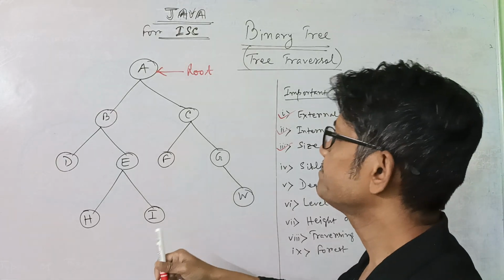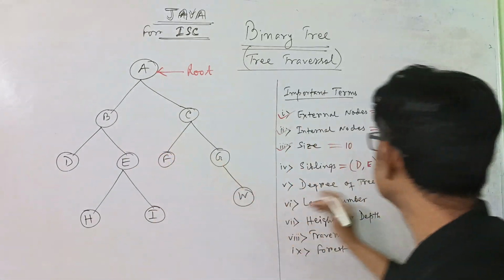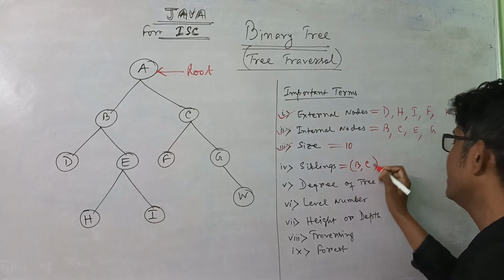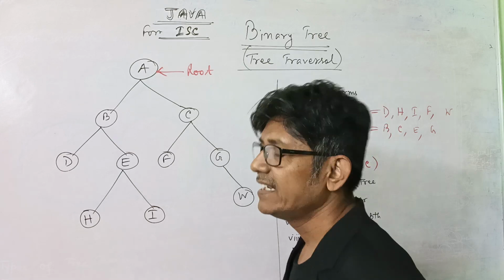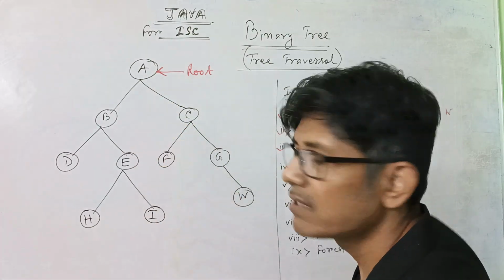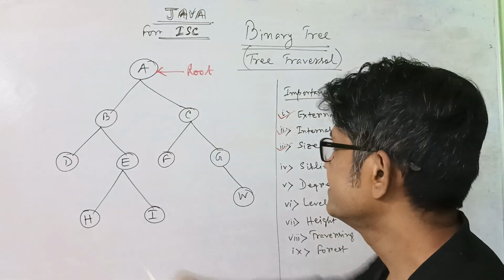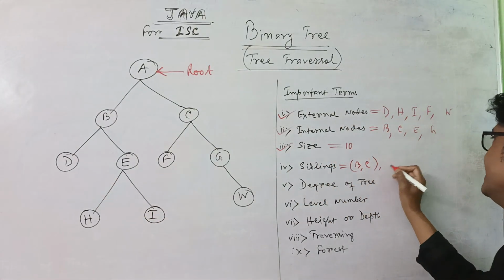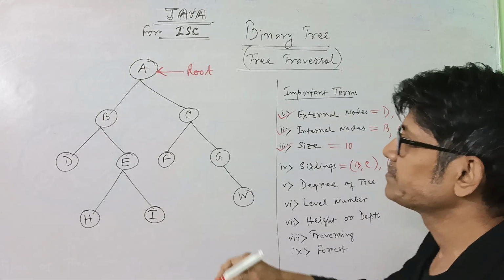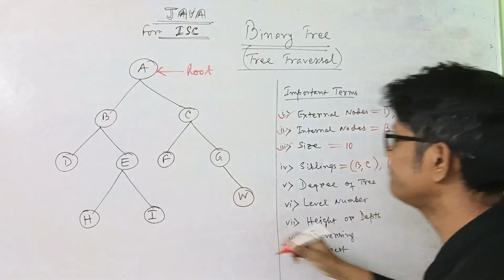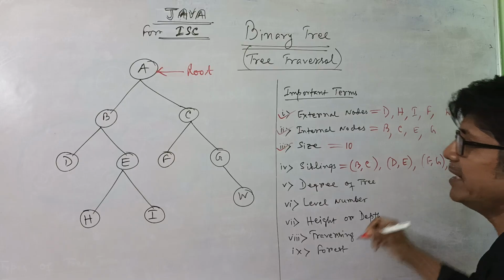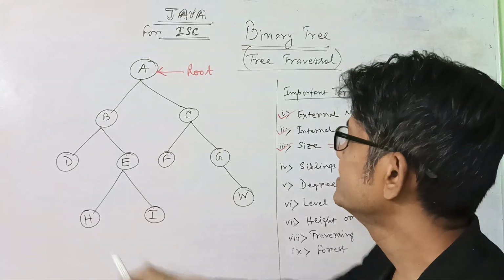Then the second sibling. First, before that, B and C. I should write B and C first, because these two are children of A. So BC is the first sibling, the second sibling is DE, then another sibling FG, then another sibling, what is it?